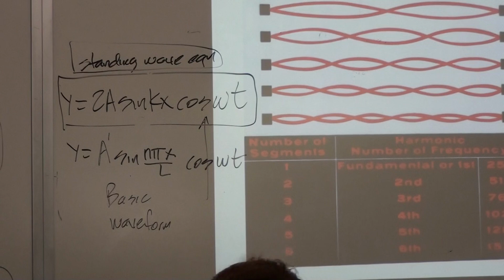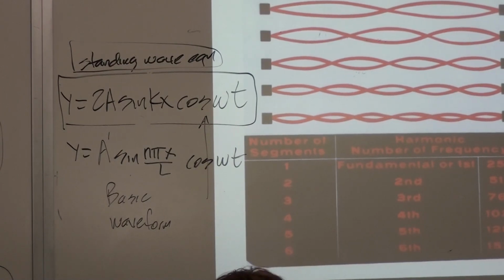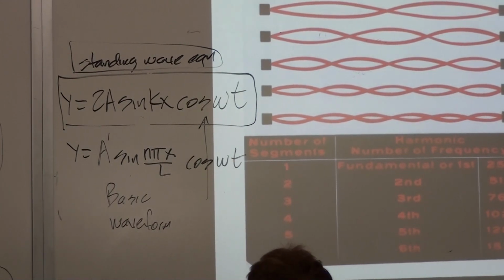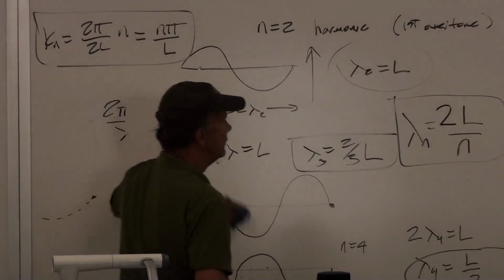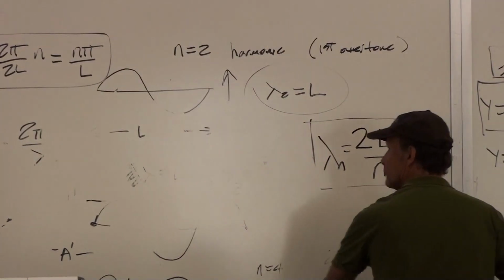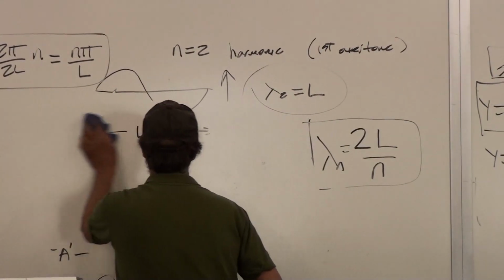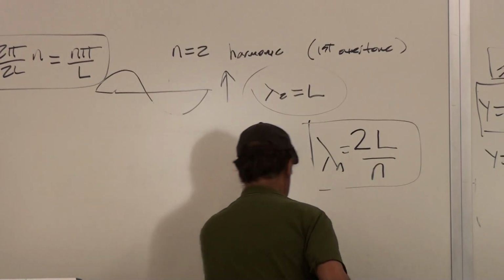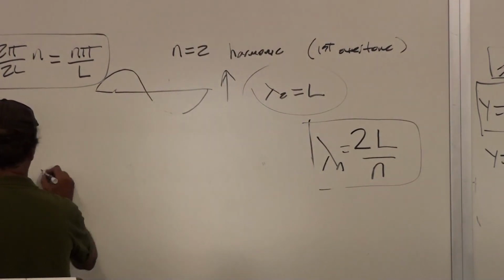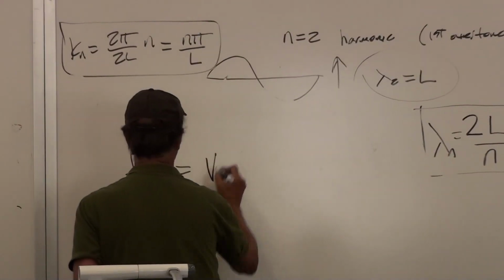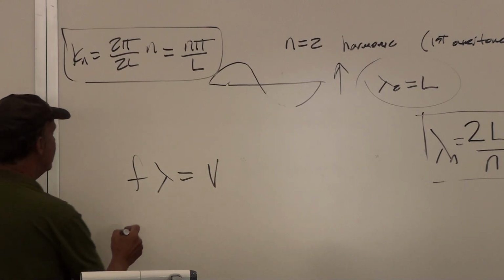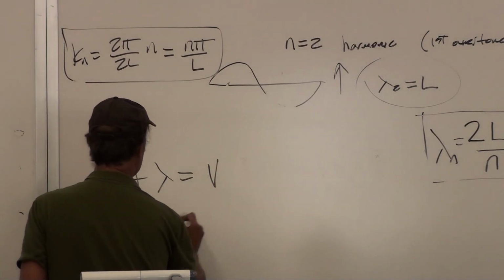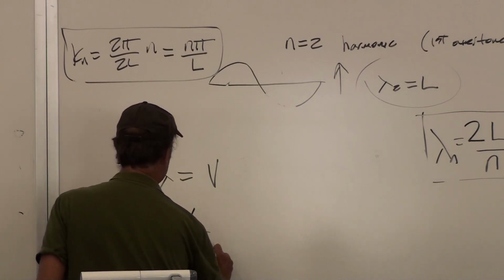But we also need some kind of an expression for omega. How are we going to get that? Well, let's go back to frequency times wavelength equals wave velocity. Then, what we can see here is that the frequency of the nth harmonic is going to be the velocity divided by lambda n.